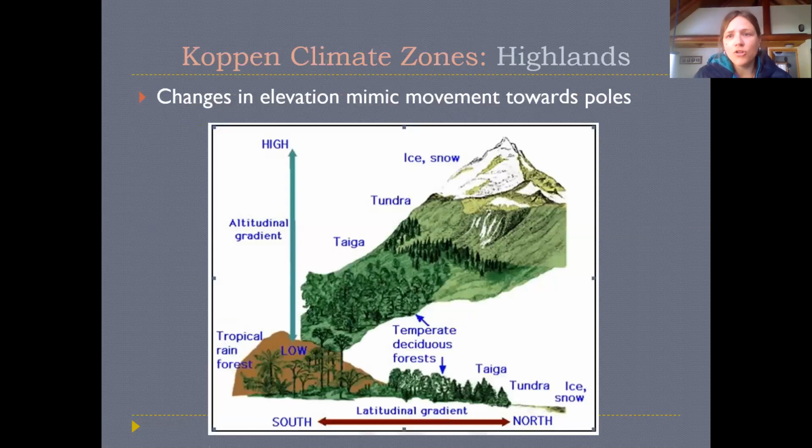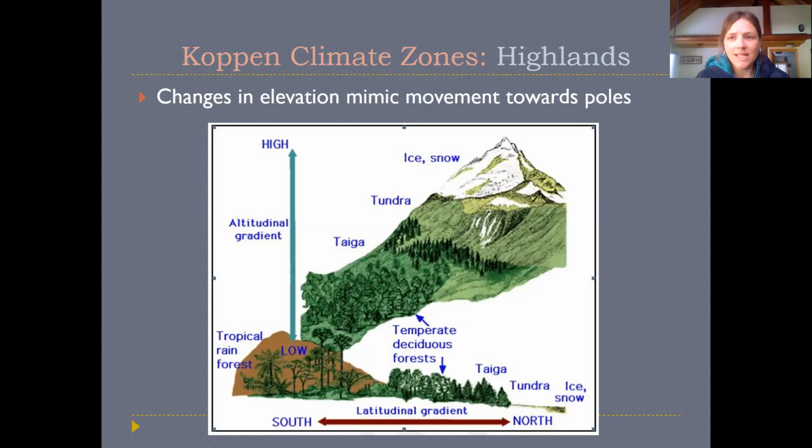Okay, so just to re-emphasize, the sixth major Köppen climate zone is called the Highland Zone, and we're not going to look at this zone separately because, as we just mentioned, it's so similar to the polar zone. It's so cold there persistently throughout the year, and in this case, it's because of the high altitude instead of the high latitude.